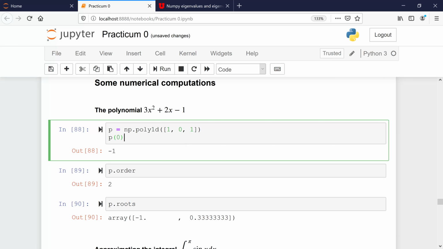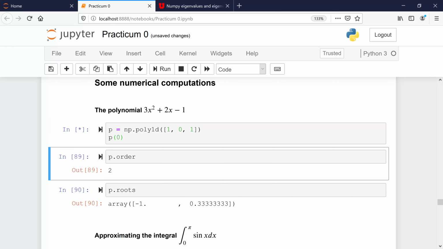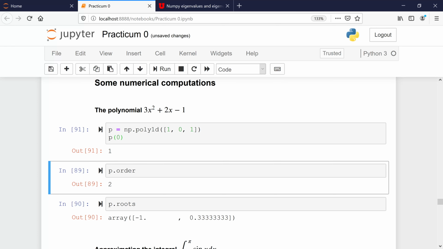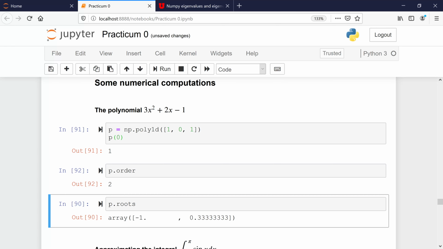So it's the polynomial x squared plus 1. At 0 it's 1. The order is 2. The roots should be what actually? i and minus i. Yeah, they are called j here. So there are 2 imaginary roots, i and minus i, or j and minus j.